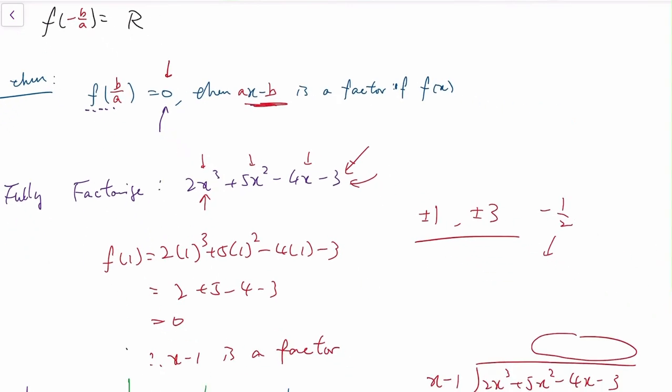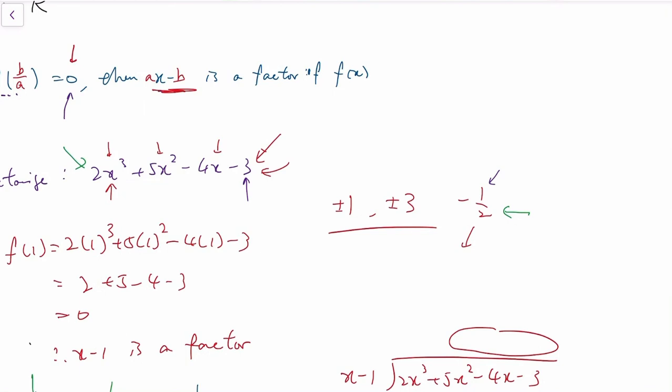Then you might be wondering, do we just try any denominator? The answer is also no. Turns out, if the number that you have to try is a fraction, then the numerator has to be a factor of the last number, while the denominator has to be a factor of the starting coefficient.